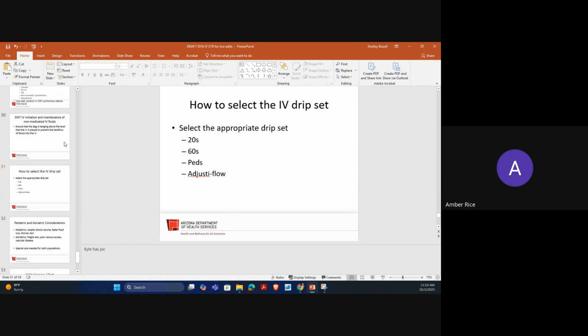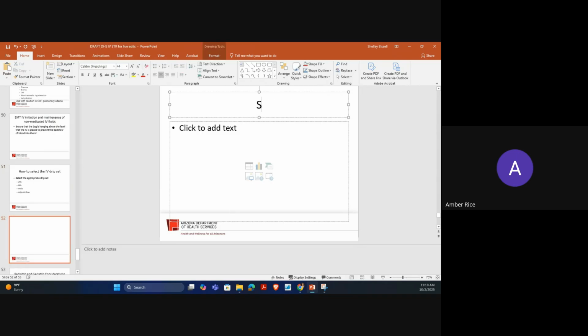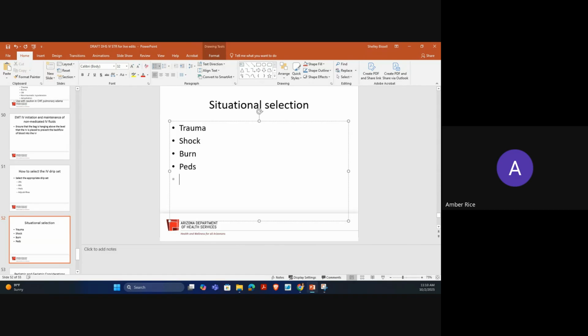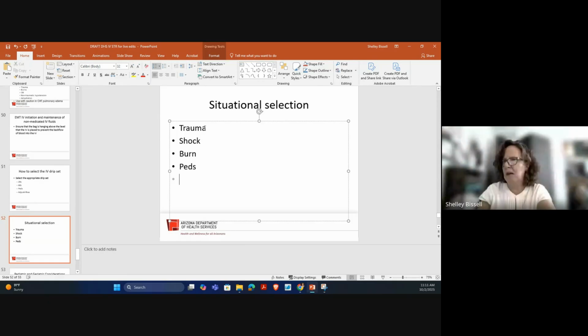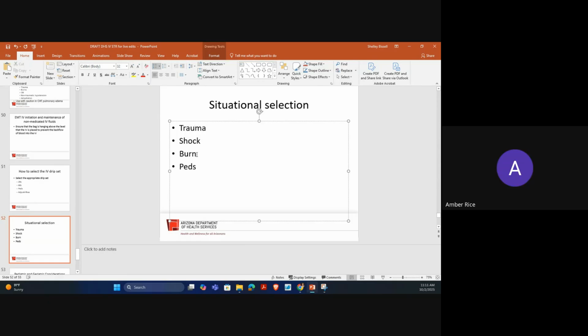The ones will be like trauma, shock, burn, medication, and this is non-medicated: trauma, shock, burns, pediatrics, and routine maintenance of fluids. And I'll fill that slide out.